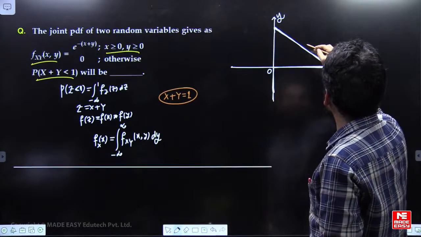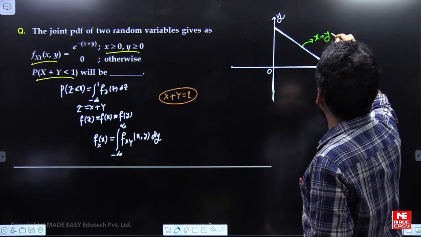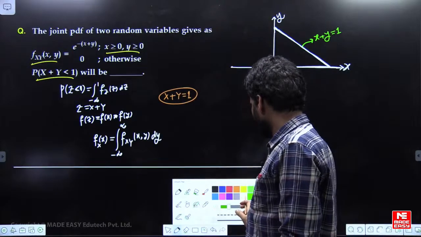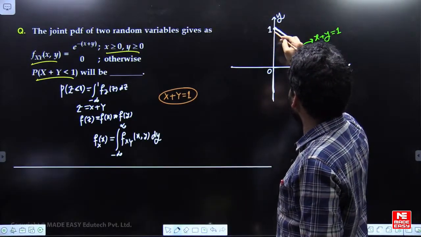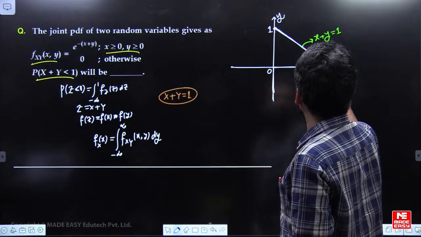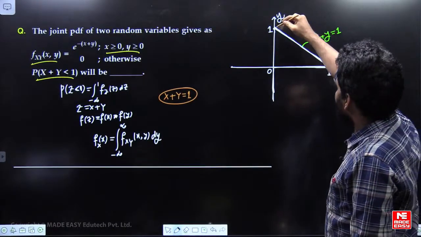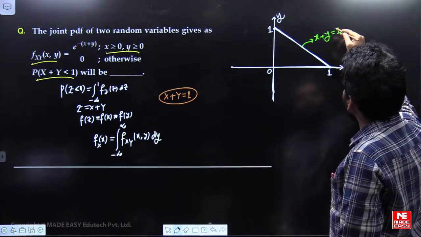This is the line equation of x plus y equals 1, if this is 1 and this is 1. On this line, if you see the corresponding x and y values and add them, you will get 1.